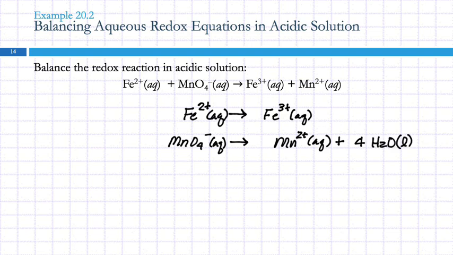And that's not just pulling things out of nowhere. It's an aqueous solution. They are there. Balancing the oxygens introduced a problem because now we have hydrogens as well. So what do we do for that?